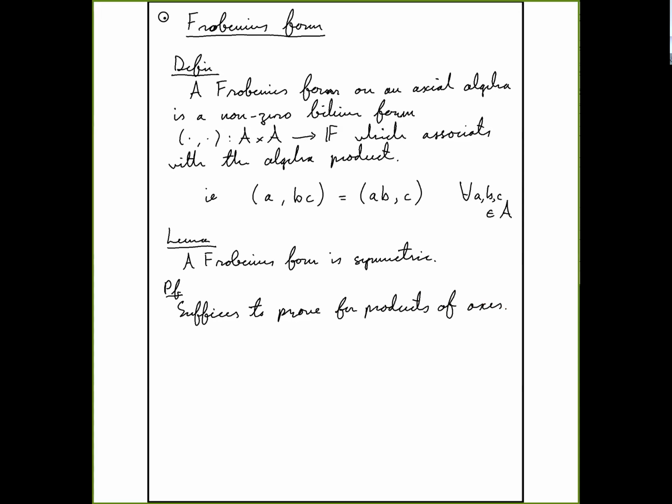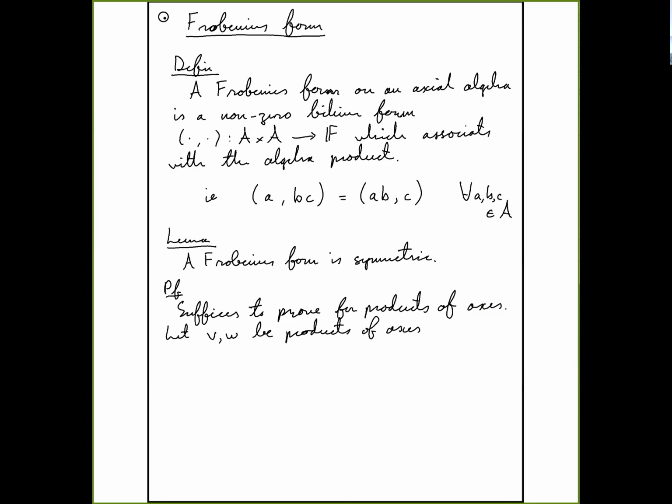And so let V and W be products of axes. I want to show that V comma W is equal to W comma V. That is, it's symmetric.